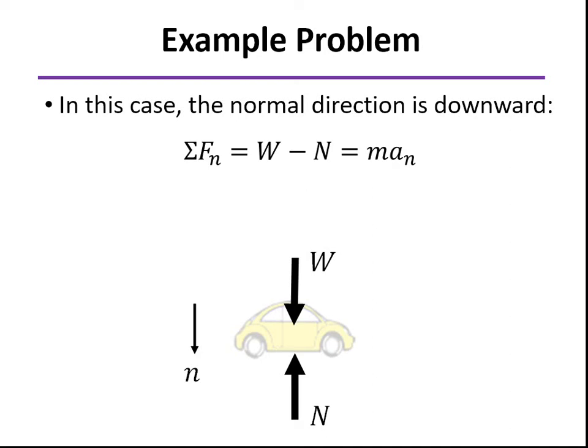So summing the forces in the normal direction, weight will be positive, the normal force will be negative, and we set that equal to the mass times the normal acceleration, recalling that the normal acceleration is v squared divided by the radius of curvature. Solve that for the normal force, and we get the weight minus the mass times the normal acceleration. So as we know from experience, the normal force is going to be less than the weight of the car.